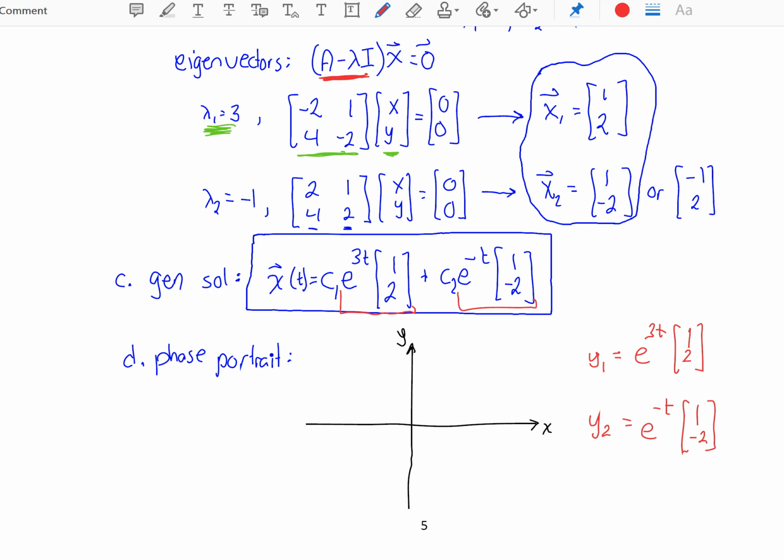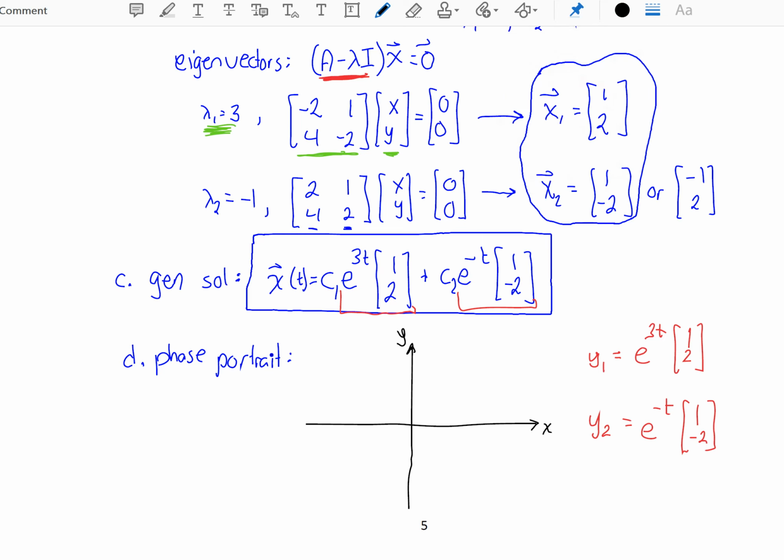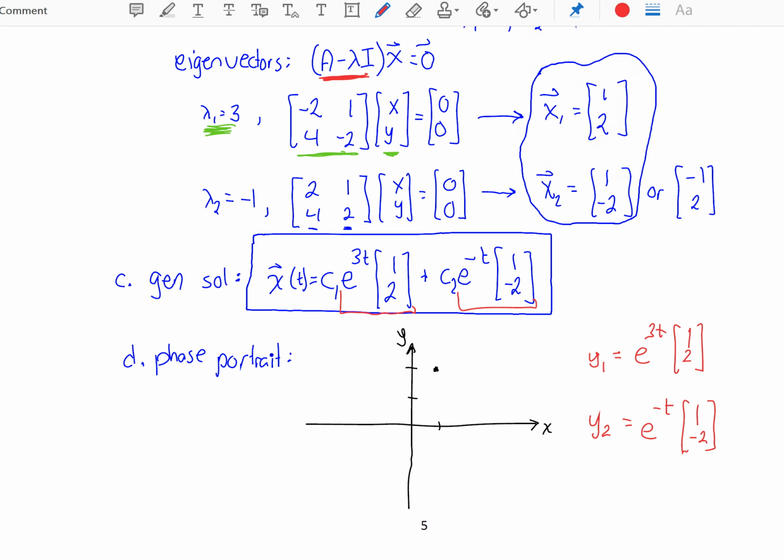And I represent this by first looking at our vector 1, 2. Our vector 1, 2 moves 1 in the x direction and 2 in the y direction, and it goes through this point. And a line going through that point would look something like this.